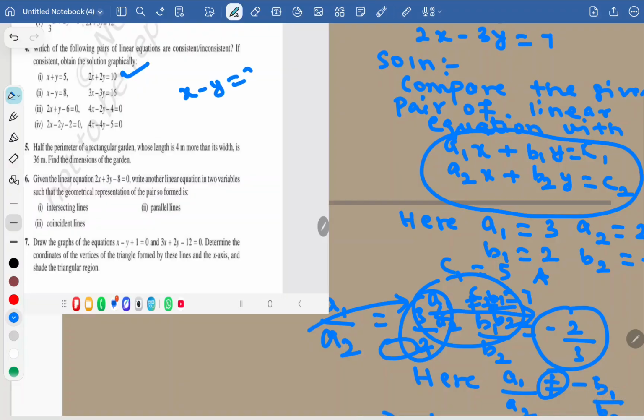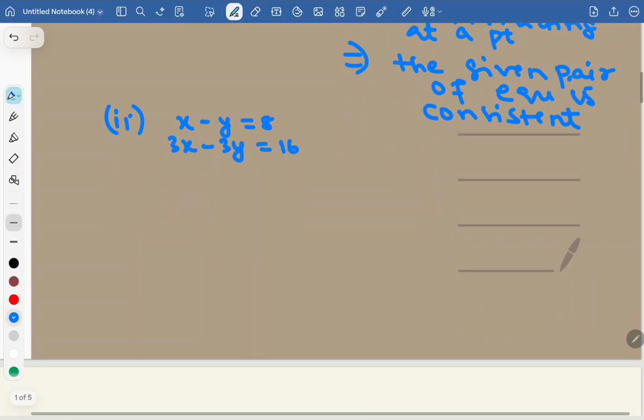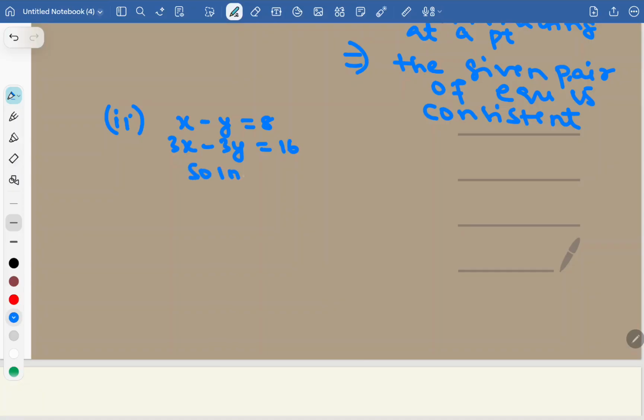Now I am going to discuss the second pair of linear equations. The equations are x minus y equal to 8, 3x minus 3y equal to 16. Solution for the second subdivision. x minus y equal to 8, first equation. Second equation, 3x minus 3y equal to 16.